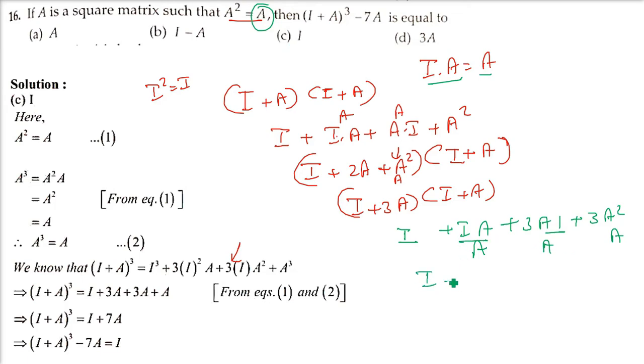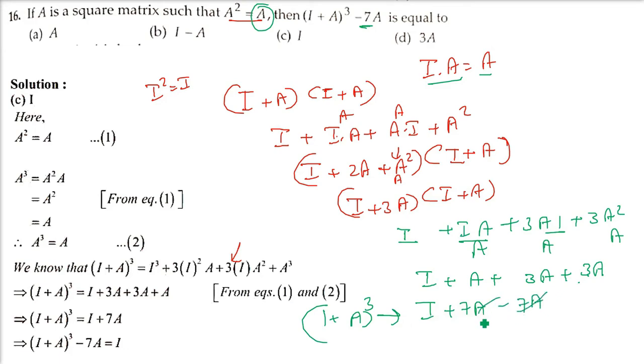I plus A plus 3A plus A with a 3. So 3A is 6A, A is 7. So this is I plus 7A. So I plus A whole cube has come as I plus 7A. Now you have a negative 7A, so just subtract 7A from here. It is going to be I. I is the answer. C is the answer.